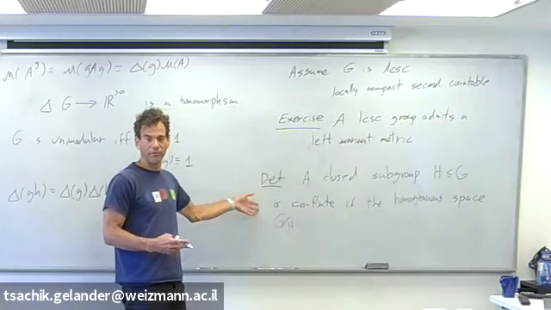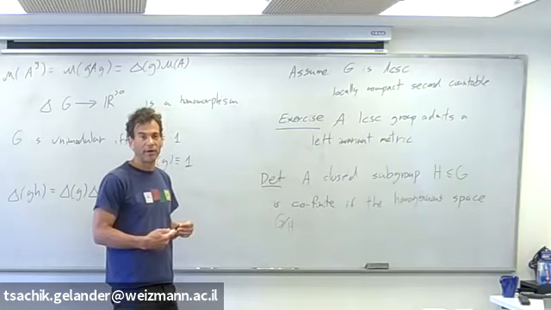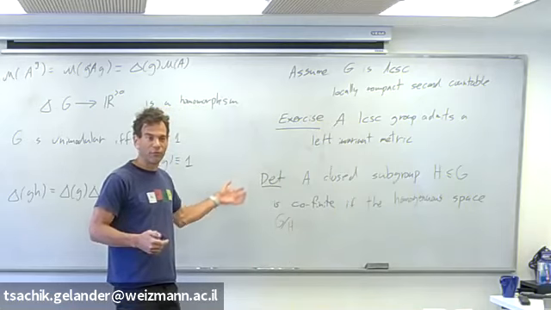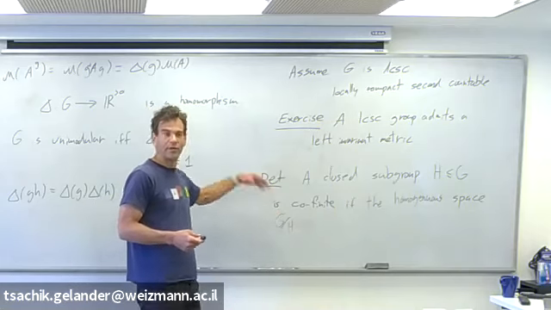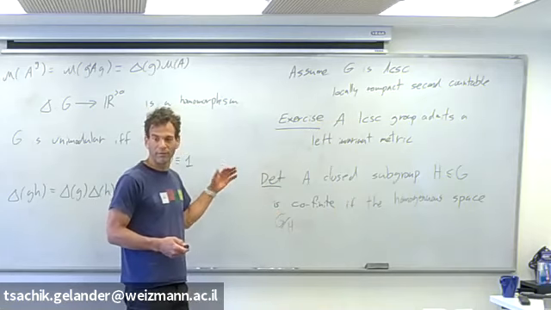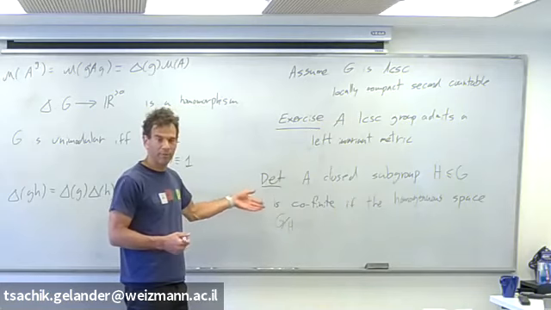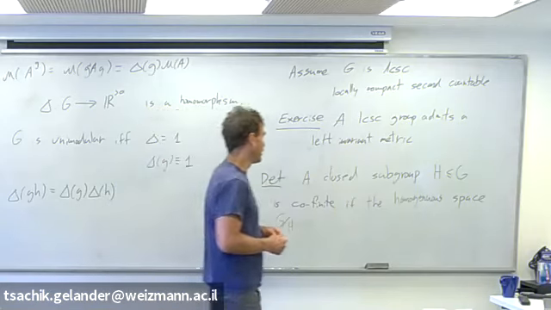This is a topological space. There is a canonical topology, which is the quotient topology. A set here is open if and only if its preimage is open in G. And G acts on this space.